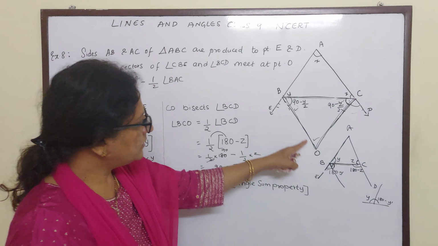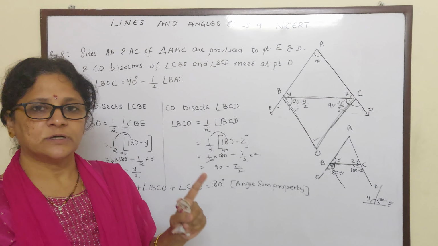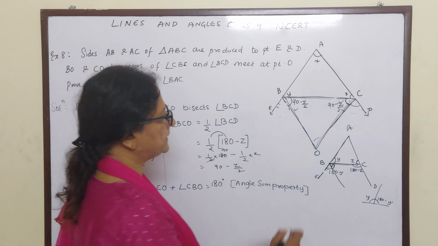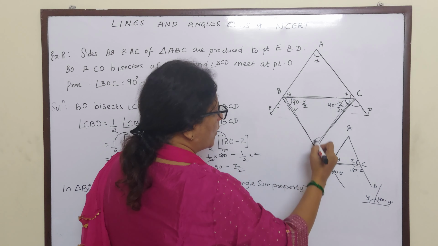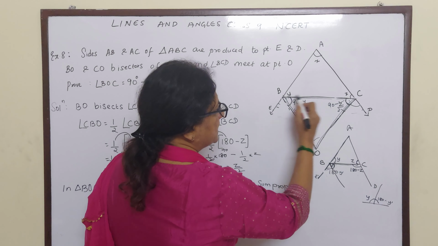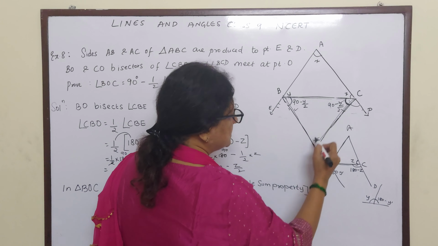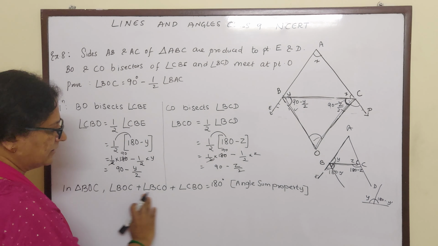Now this is a full triangle, right? And you know the angle sum property. What does it say? The sum of the angles of a triangle is 180. That means in triangle BOC, CBO, that is this, BCO, that is this, and BOC together make up 180. That is what I have written here.